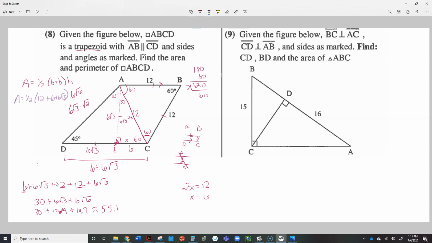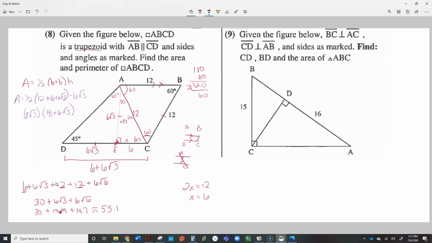And then that is multiplied by the height, which is 6 square roots of 3. So I'm going to take half of the 6, that's 3 square roots of 3, times 18 plus 6 square roots of 3.